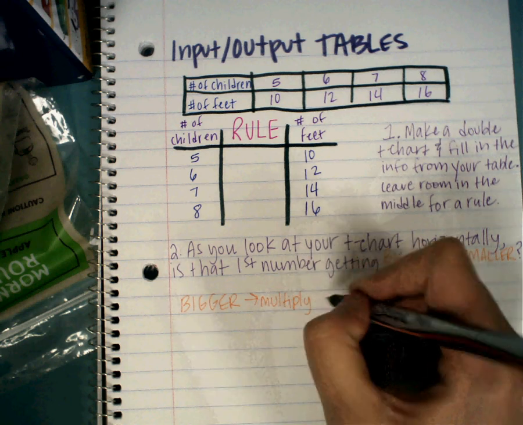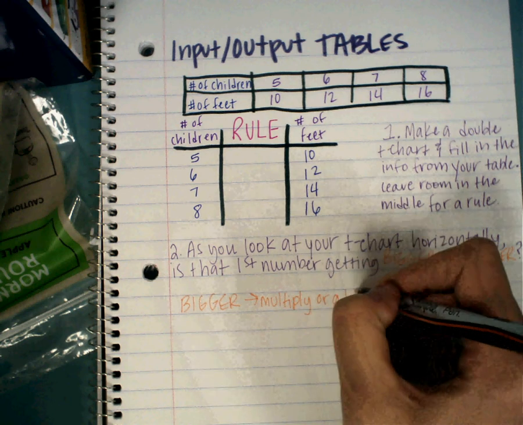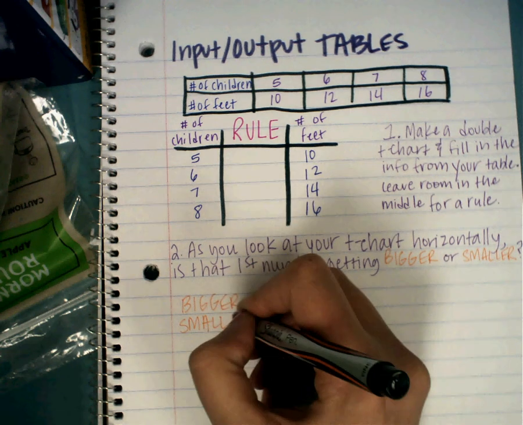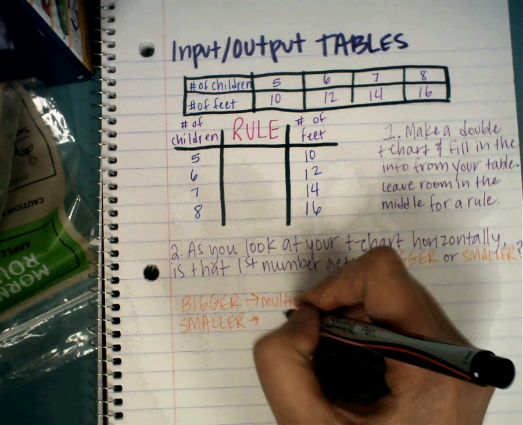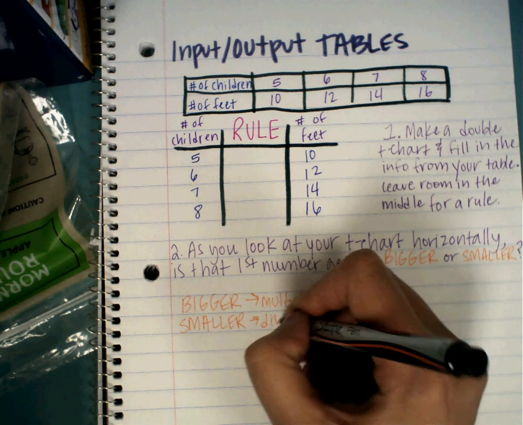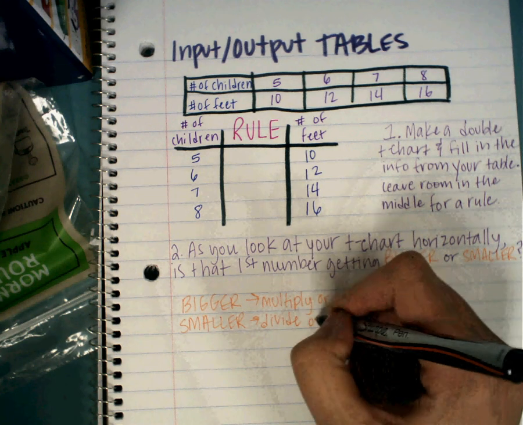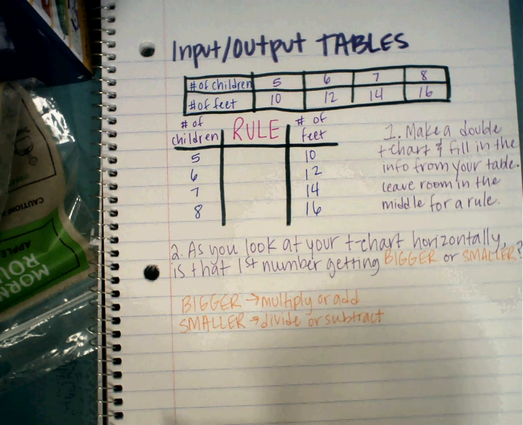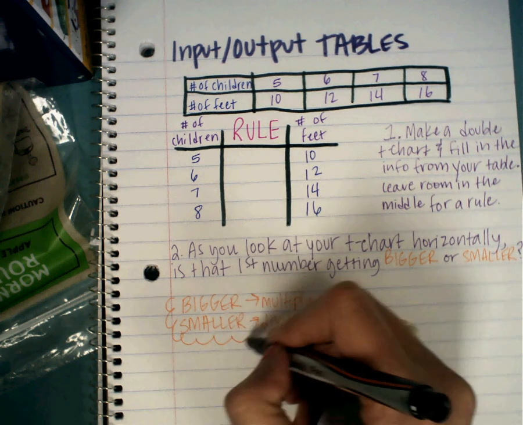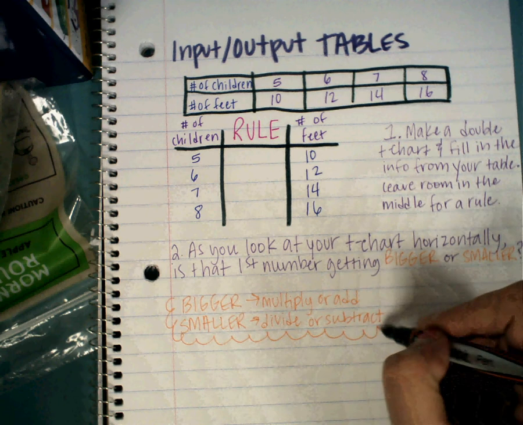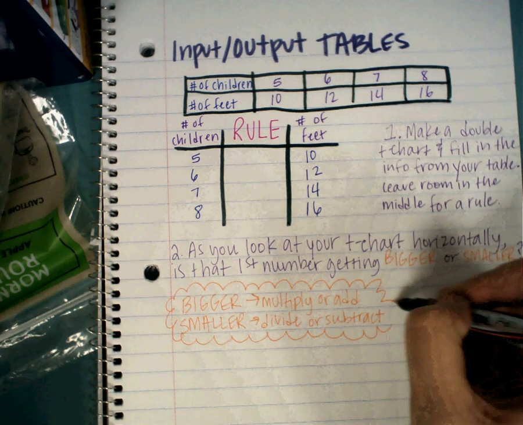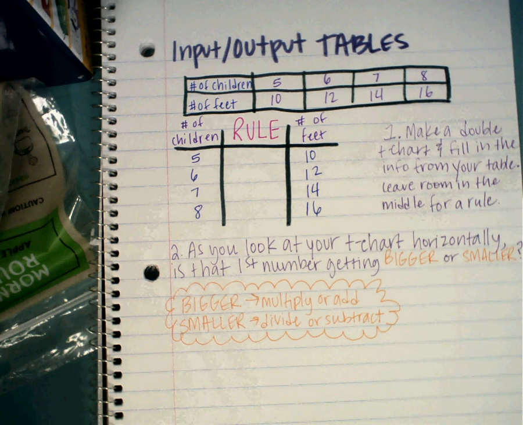If your number is getting smaller, you're going to divide or subtract. Okay? Let's go ahead and put a cloud around that because that's really important information that we need to make sure that we focus on. So 5 to 10, is that getting bigger or smaller? That's getting bigger. So our options in our rule are either going to be to multiply or add.